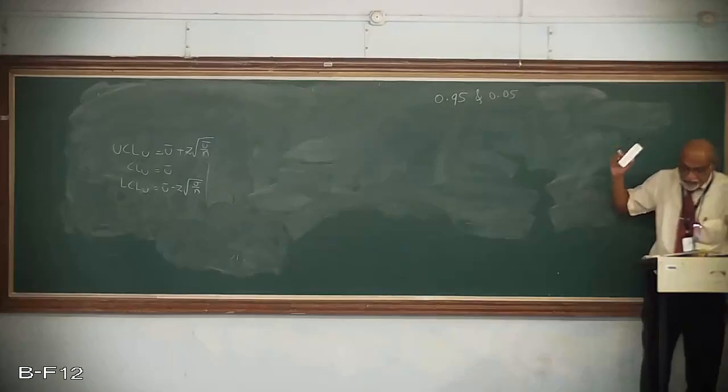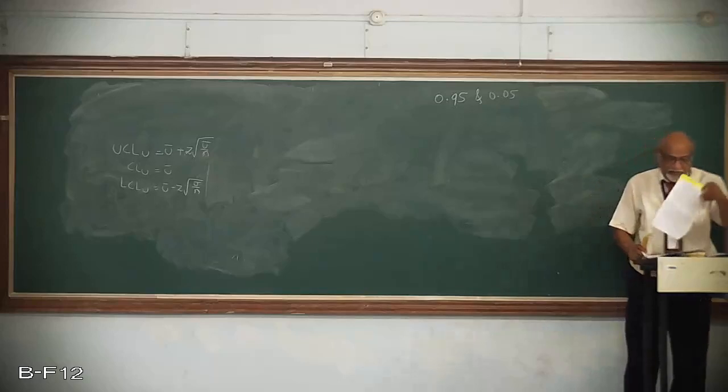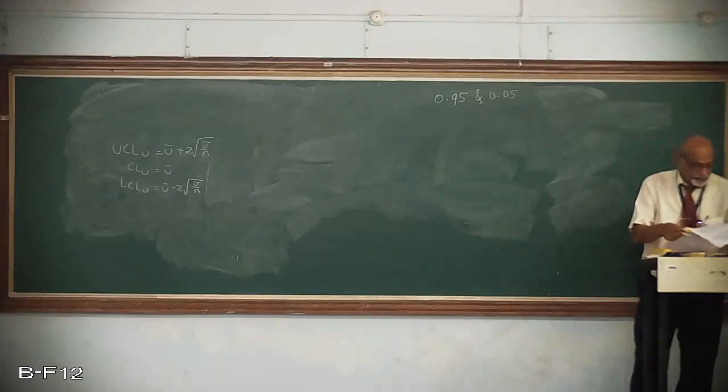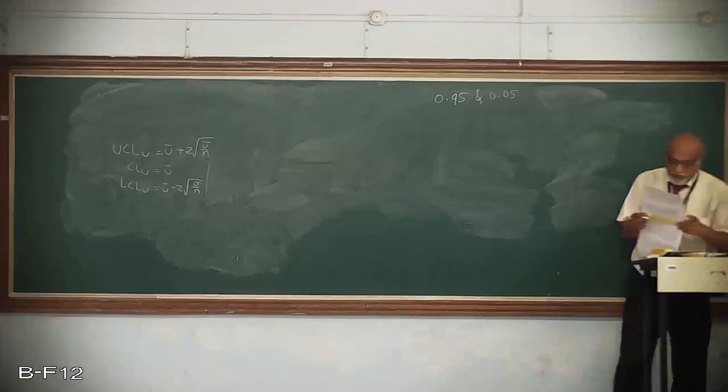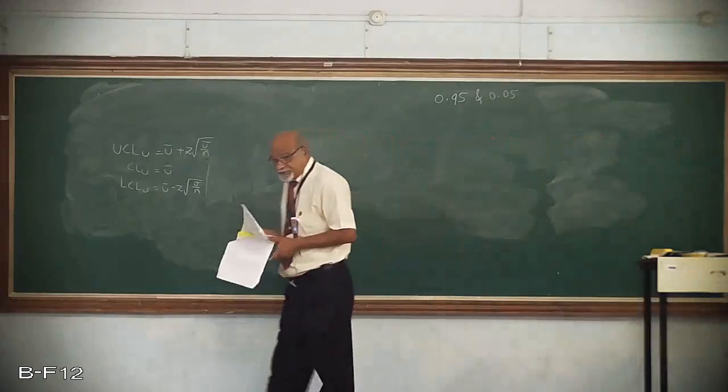So let us find out these things. What is the value of the corresponding limit? If we look at the table for 95%, my dear students, here there is one problem.